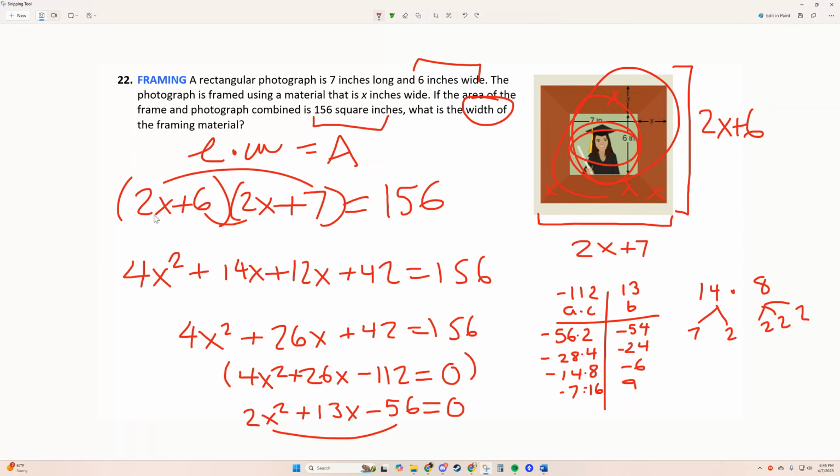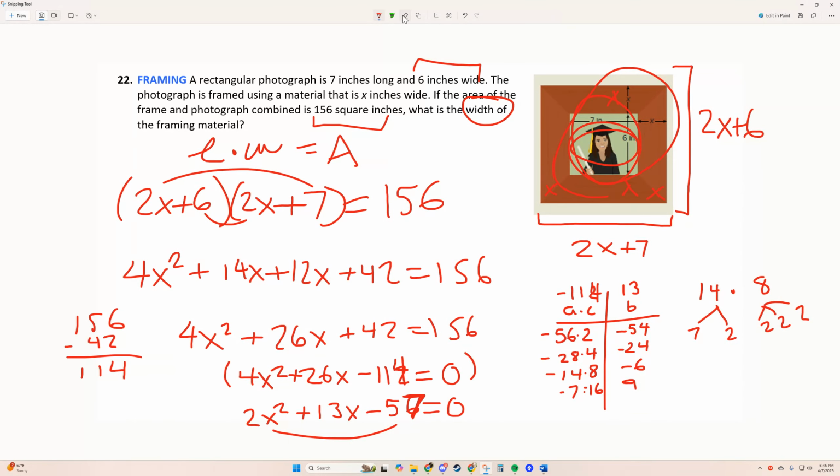Hmm. Now I'm worried that I did some math wrong. 156 minus 42 is 114. Okay, so 57, right? Whatever, I don't regret it.